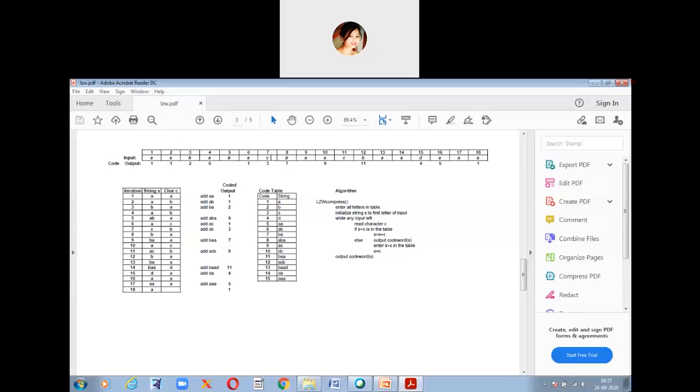Then characters. You start from here: A, B, A, B, A, B, because we have to add up, right? For the string, this is the first letter we have taken here, but for characters we have to start from the second letter. So place it accordingly. A, B, A, B, A, B, A, B, A, B, A, B, then AC.